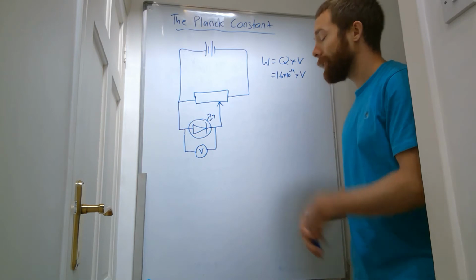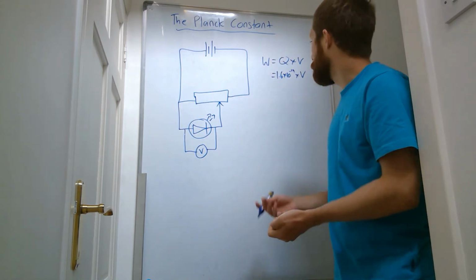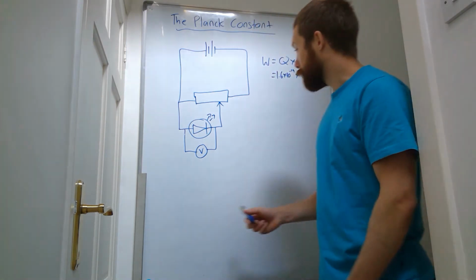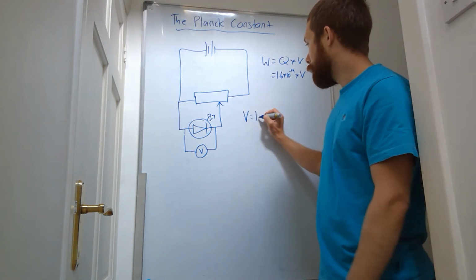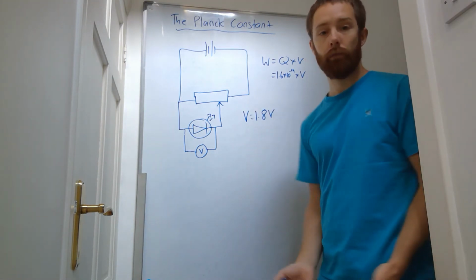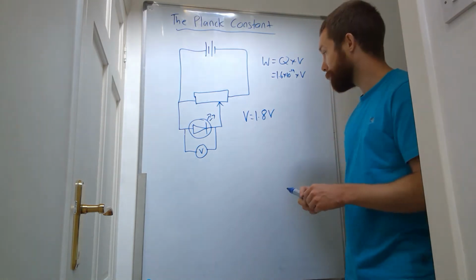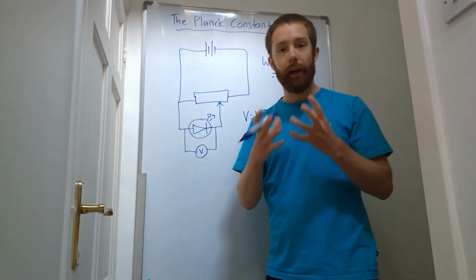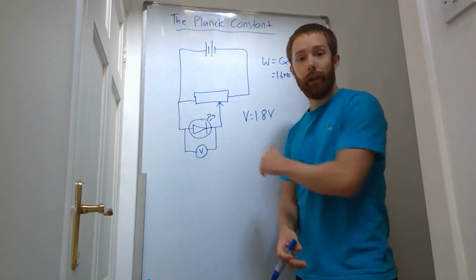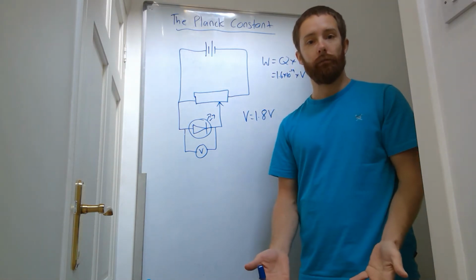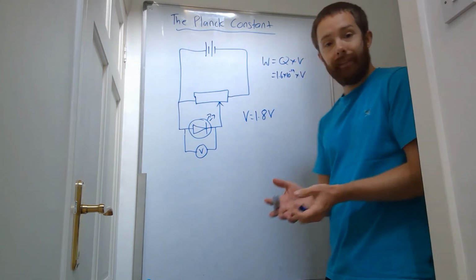Once we've got that, let's just say, for example, that we've done our experiment here and we've got a threshold voltage, and we said the voltage is equal to 1.8 volts. Now, I could already tell you right now that the amount of energy that equates to is 1.8 electron volts, because that is the definition.